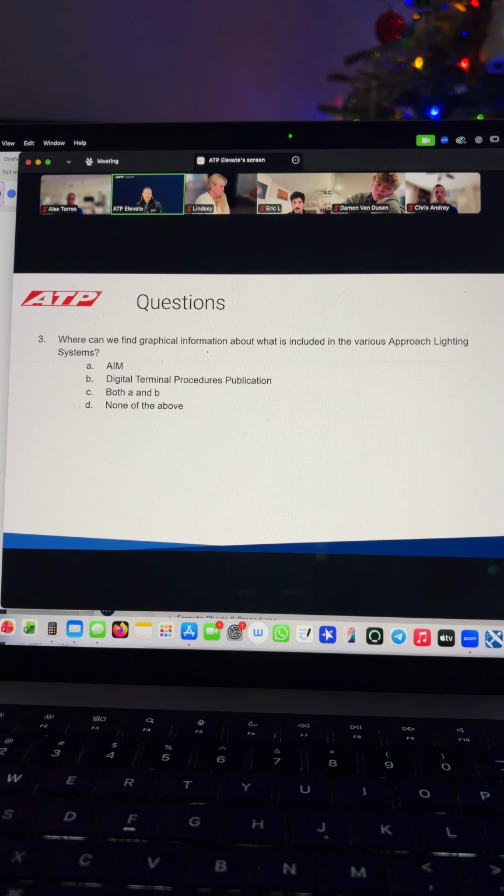So where can we find graphical information about what is included in the various approach lighting systems? Very good, very good. Yes, so C is the correct answer. So again, we can find it in our digital terminal procedures publication, the TPP, and then our AIM as well.